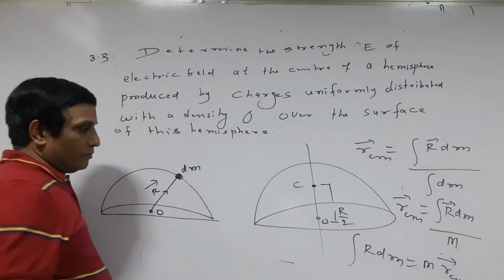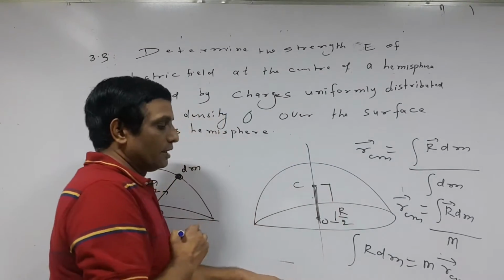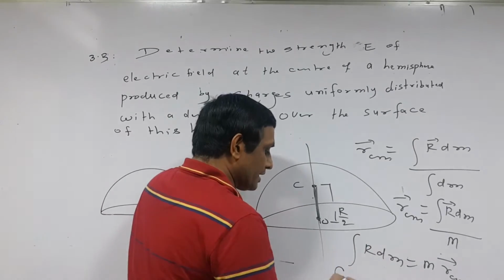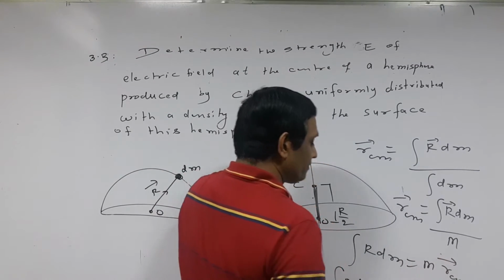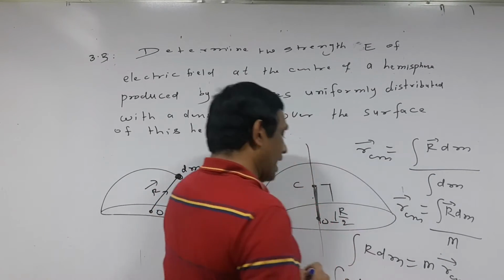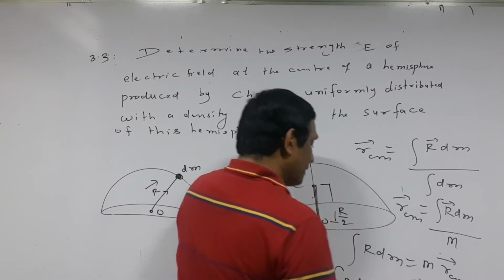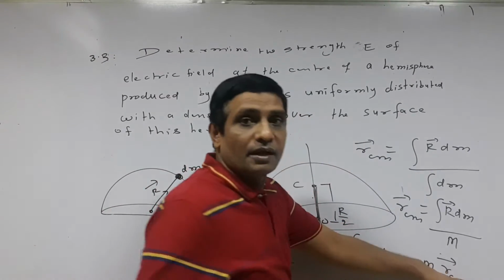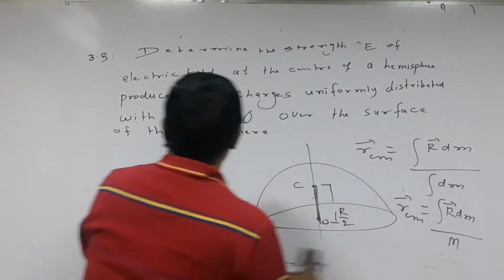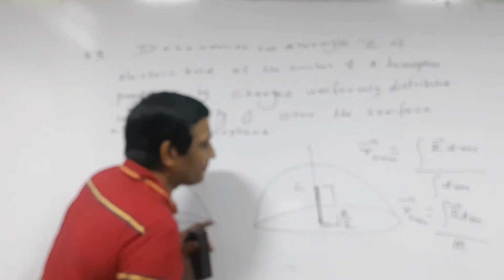Here R_CM is this. It means you can say integration r dm is equal to M R_CM. R_CM means R by 2. So the value of R_CM will be R by 2.